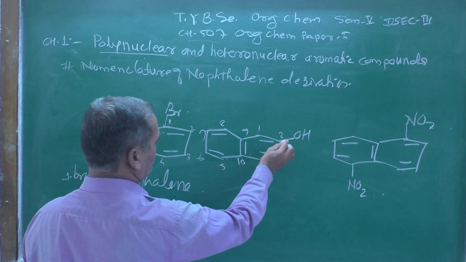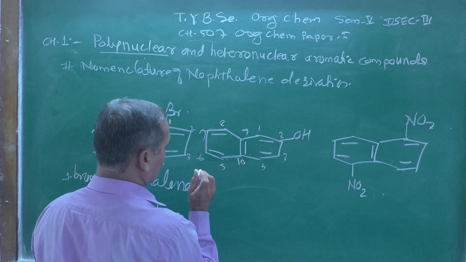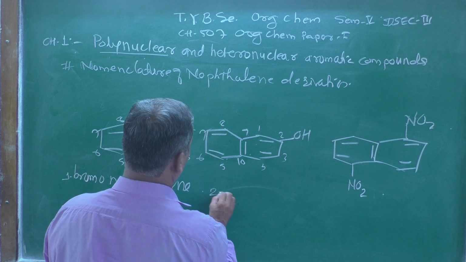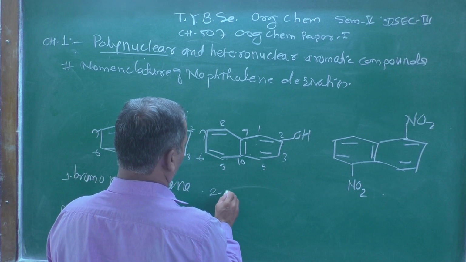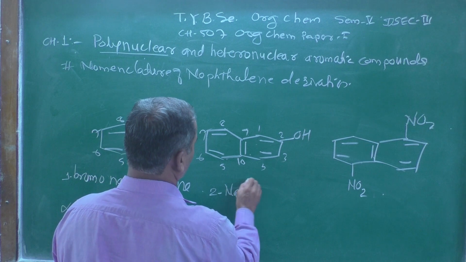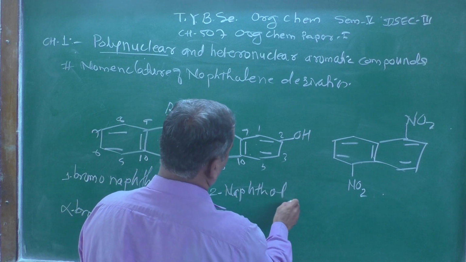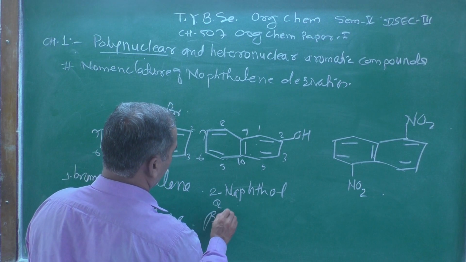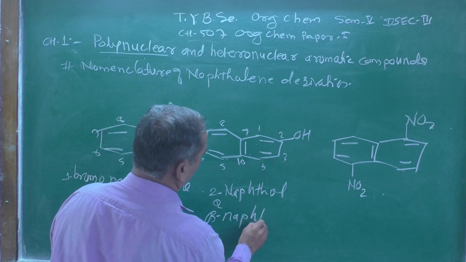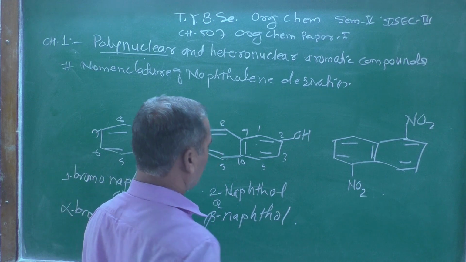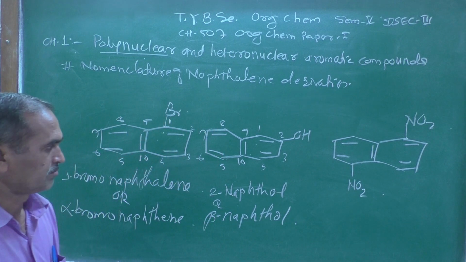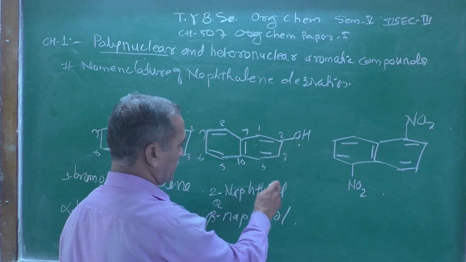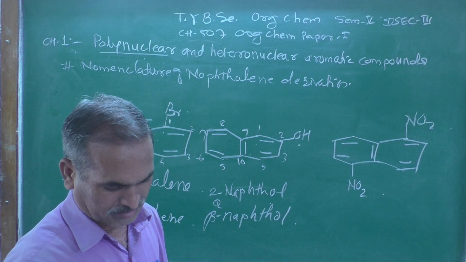And now the hydroxy group which is present at 2 position, we can call it as a 2-naphthol. Or you can say it is a beta-naphthol. OL indicates a hydroxyl group, and therefore we can call it this.